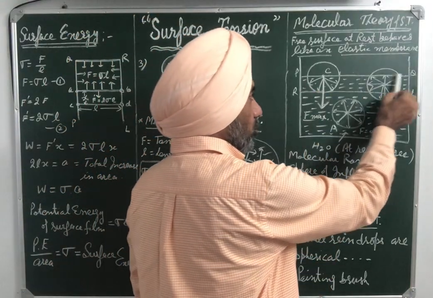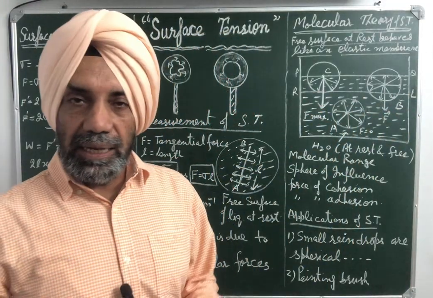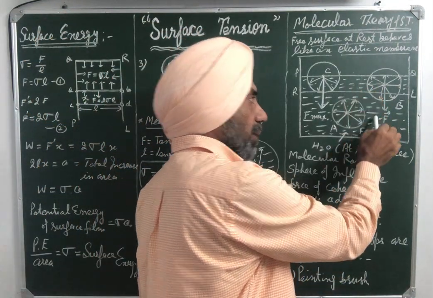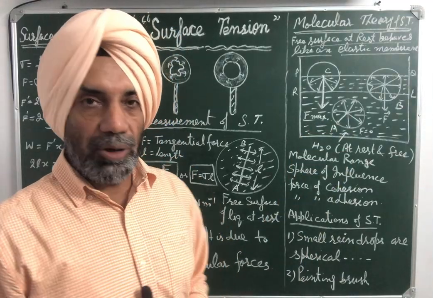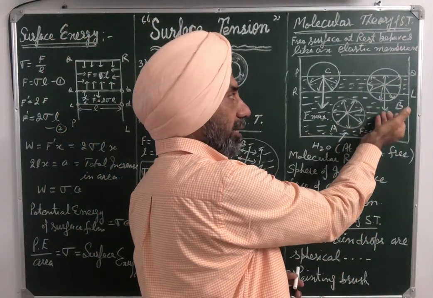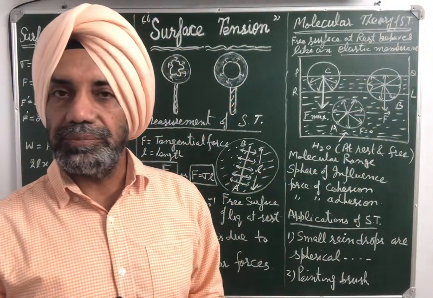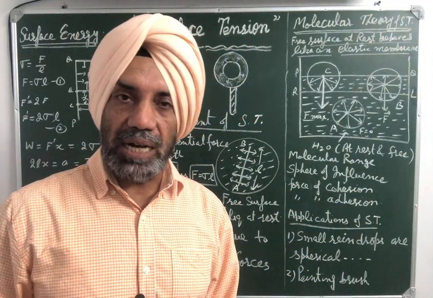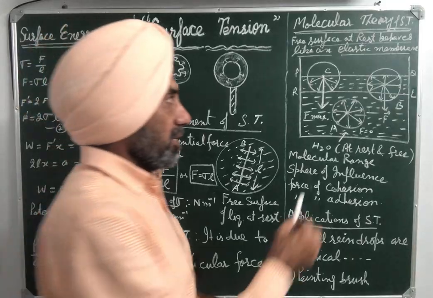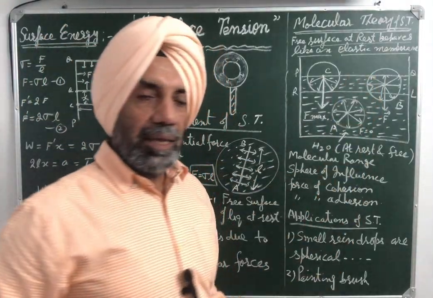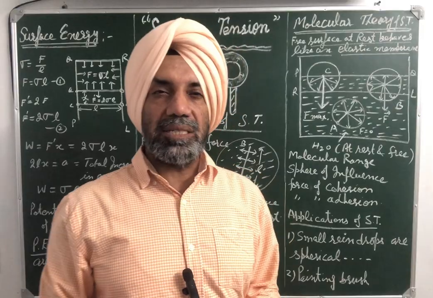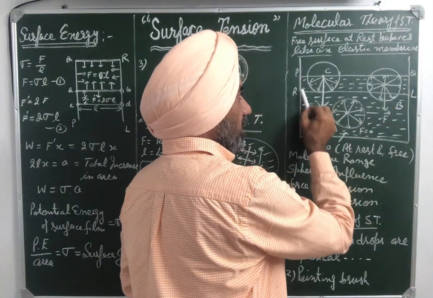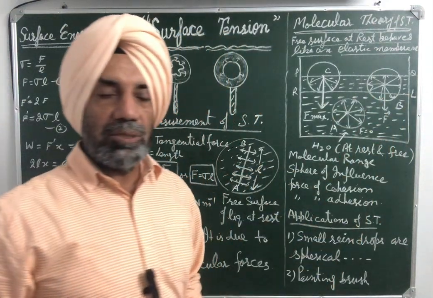All the molecules lying within the surface film will have more potential energy than the molecules lying below it, because work has to be done in order to take a molecule from below into the surface film, because as soon as it enters the surface film, a net downward force starts acting, which increases as we go up. This work done is stored in the film as its potential energy. So it means the potential energy of all the molecules within the film is more than the potential energy of the molecules below the film.